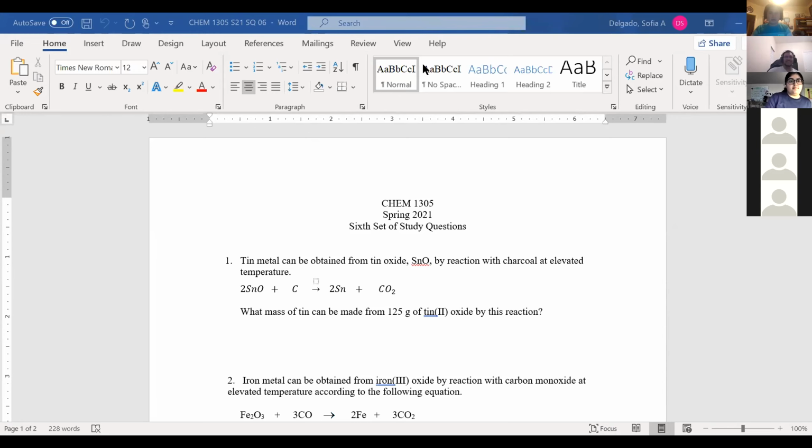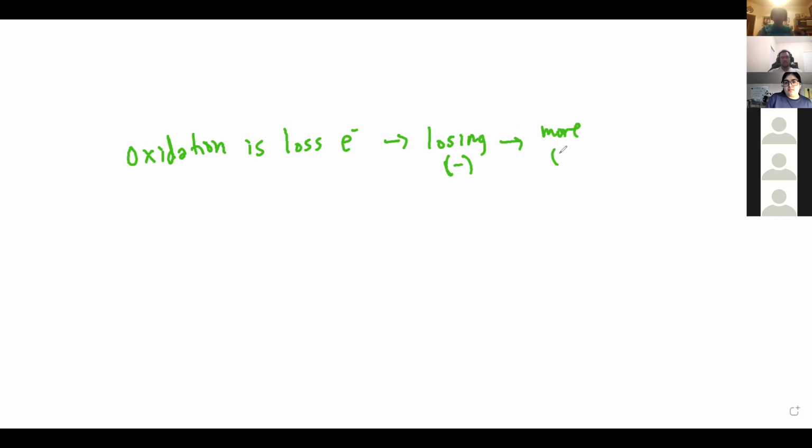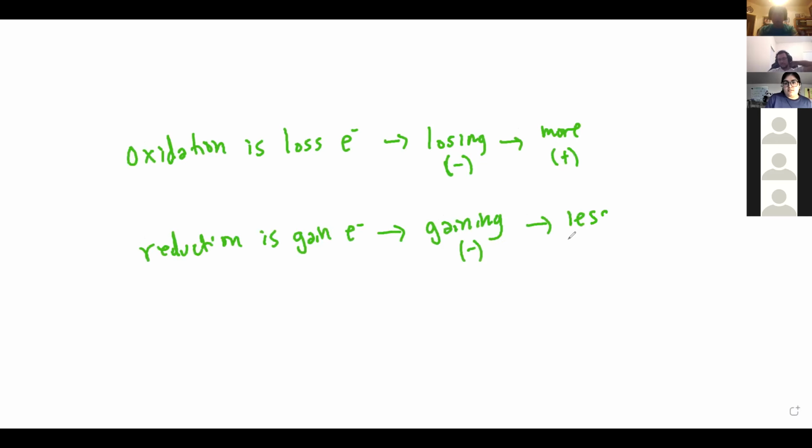Take it away, Sophia. So this is what I like to tell my students to remember oxidation. Oxidation is loss of electrons, which means you're losing negative charge, which means you're getting more positive. And then reduction is gain of electrons, which means you're gaining negative charge, which means you're becoming less positive.